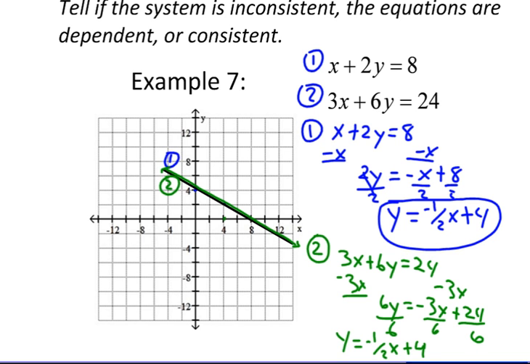Okay, as you can see, I worked out this problem already, and I changed them from standard form into slope-intercept form, and what happened was each one of the equations has the same exact slope and also the exact same intercept, which makes it infinitely many solutions because they're both the same lines.